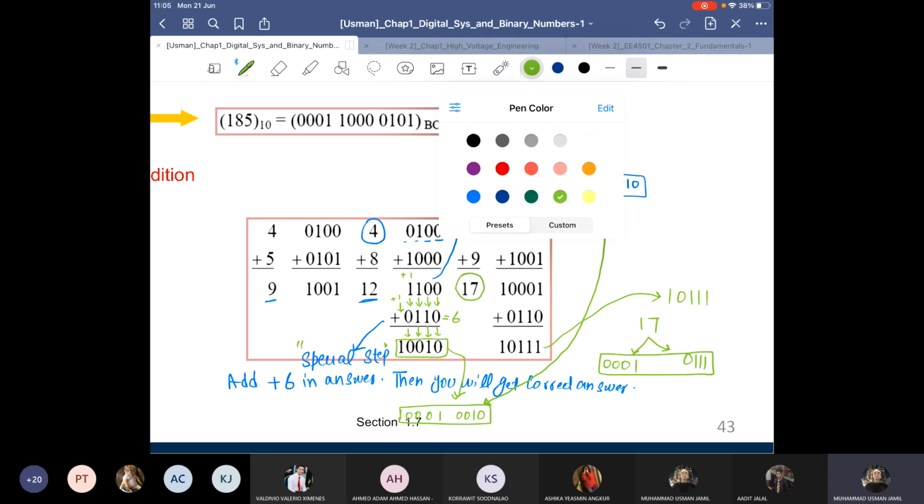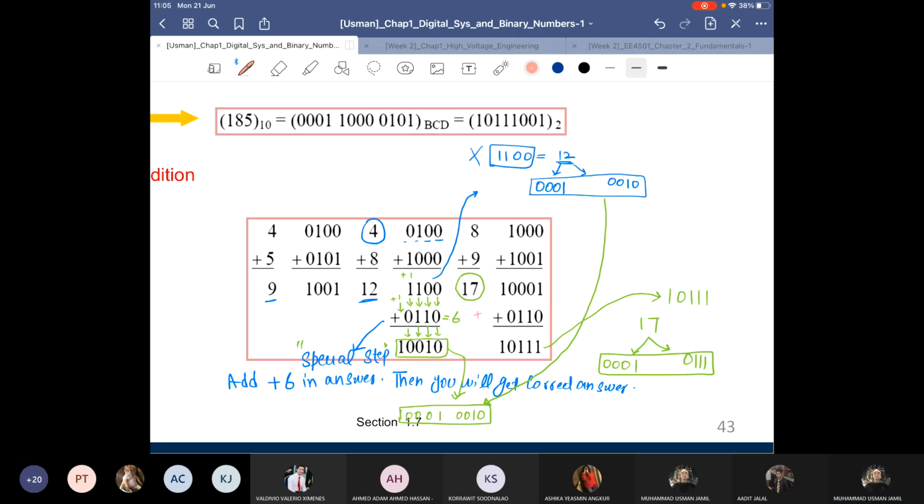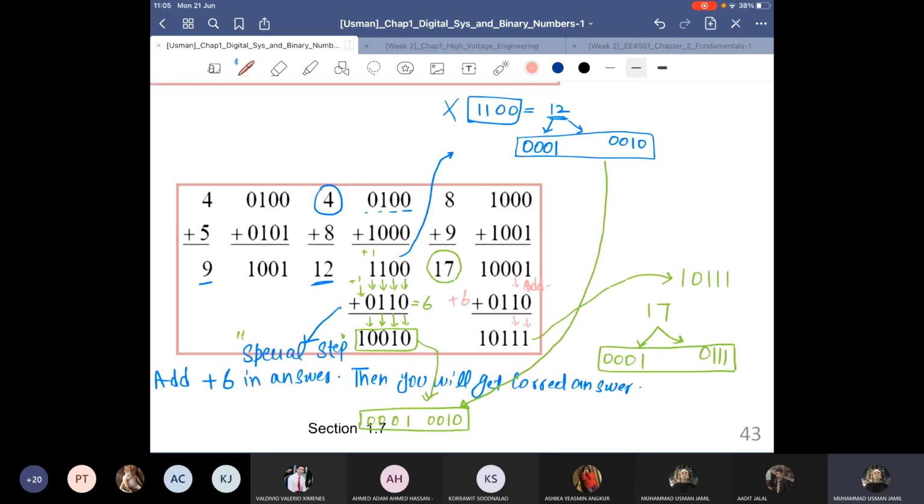So we want this answer. So the next step is add 6. So special step, add 0 1 1 0. Now you can see 1 plus 0 is 1, 0 plus 1 is 1, 0 plus 1 is 1, 0 plus 0 is 0, then this one comes here. So now take this four bits.